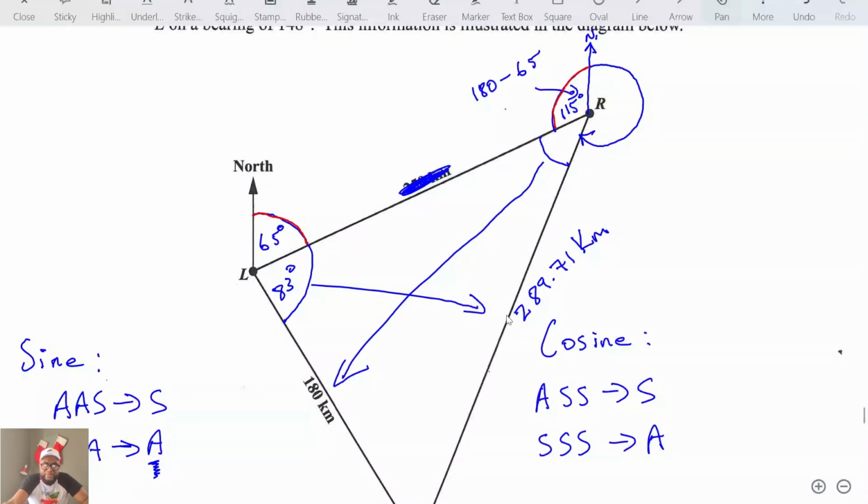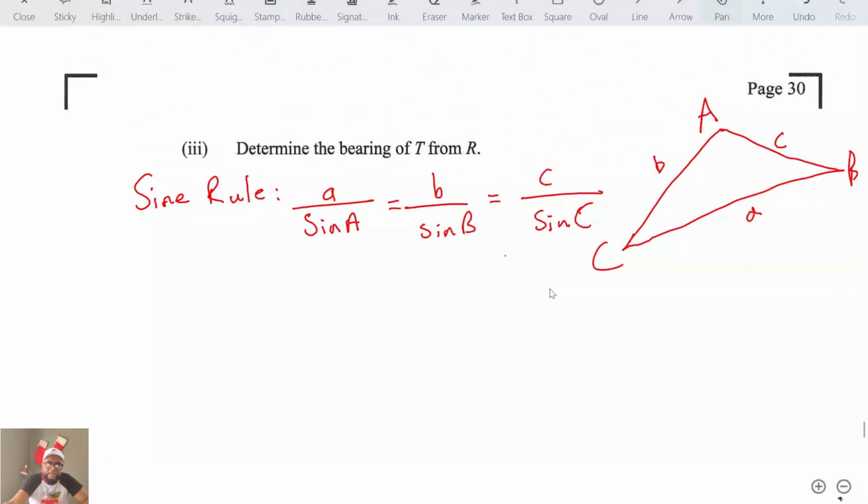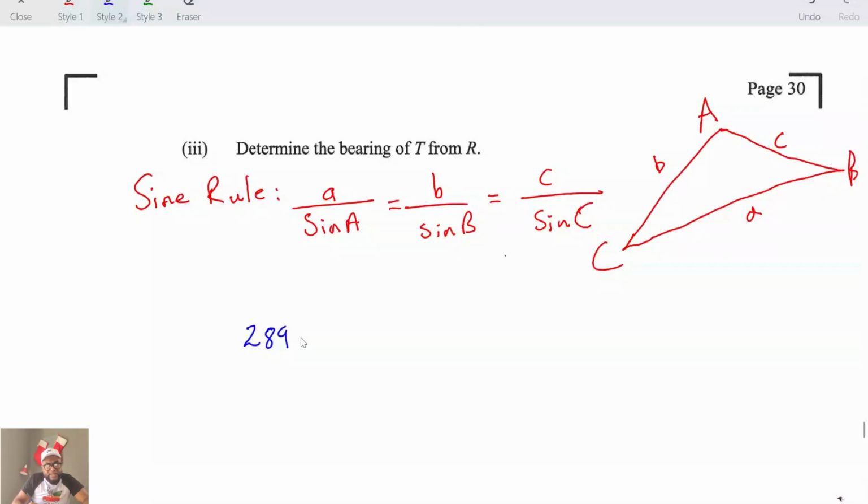So we deal with capital L and small l first, right? Which is 83 and 289.71. So there we go. It'll be small l, which will be 289.71 over sine of the angle, which is 83. And remember, you're only using two at a time.